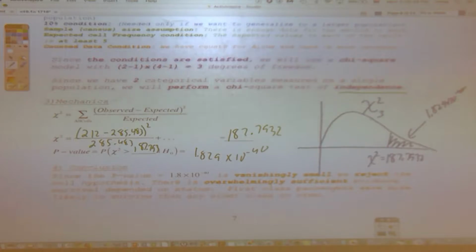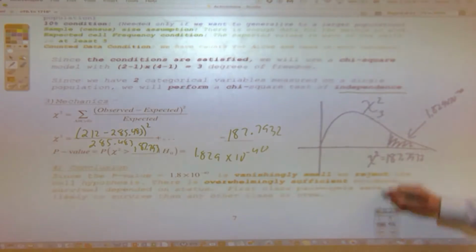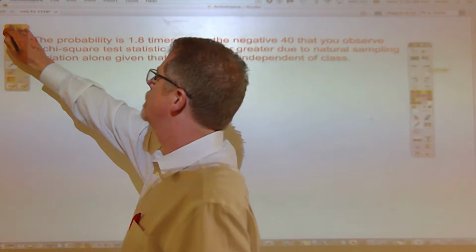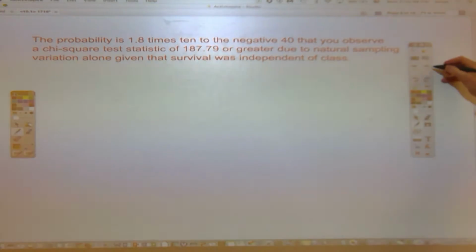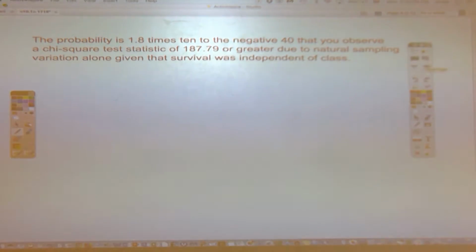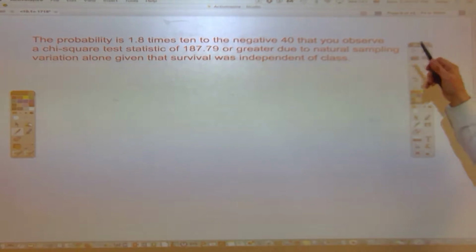Okay. So that was the Titanic problem. I did put an interpretation of the p-value right here, in case they didn't ask for an interpretation of the p-value, but its interpretation is that the probability is 1.8 times 10 to the negative 40th that you observe a chi-square test statistic of that or greater due to natural sampling variation alone.